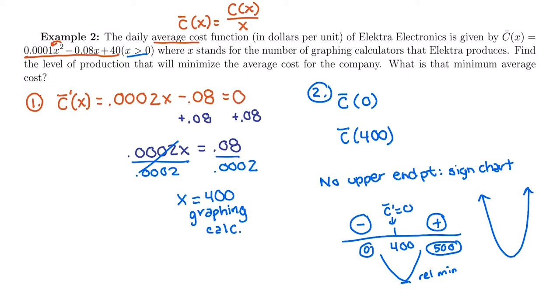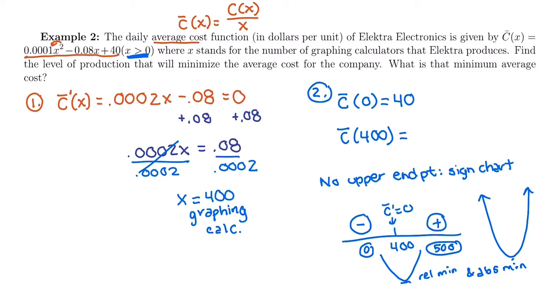Is that relative min also going to be an absolute min? Yes. It's both a relative and an absolute min. So we could compare these y values as well if we wanted to. If we plug in 0 to the original function for that y value, we'd get 40. Of course, it says they want to make more than 0.